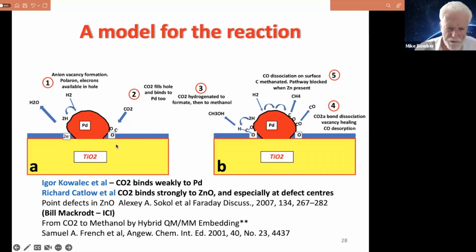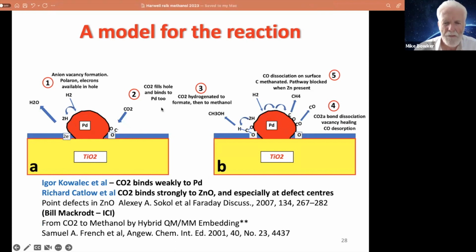Now, I've shown that purposely as bridging the palladium and the zinc oxide defect. I'll come back to that in a moment to discuss that further. So the CO2 fills the hole in the zinc oxide and binds to the palladium in this model.